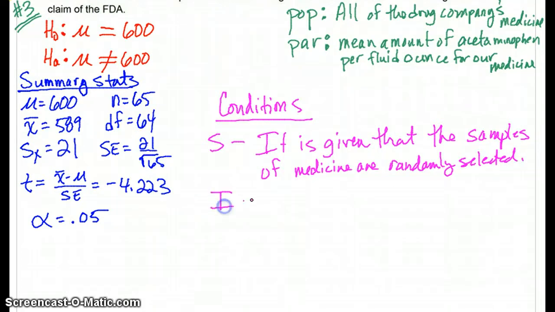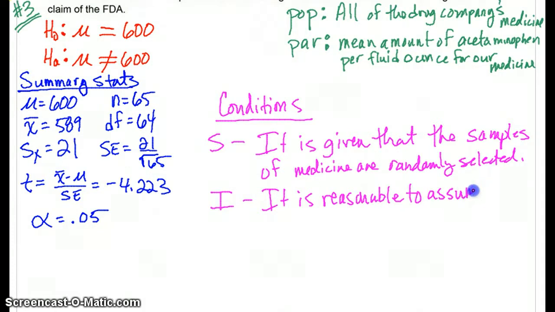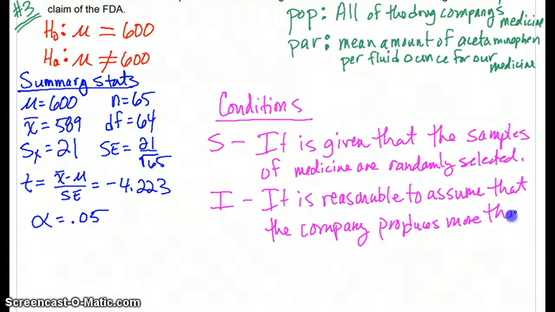For independence, this is a drug company, so I believe that it is reasonable to assume that the company produces more than 650 ounces of this medicine.